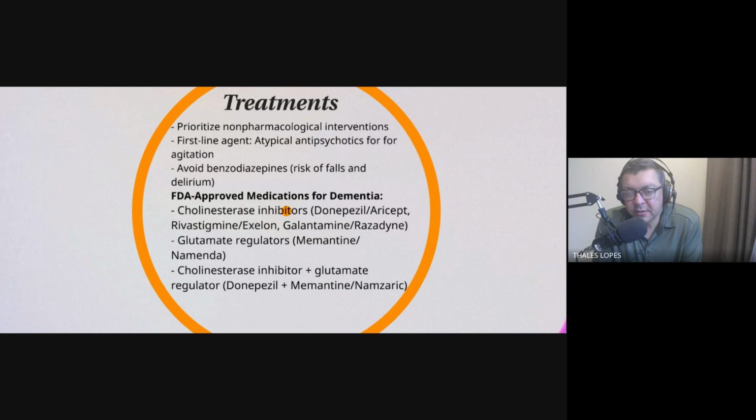Avoid benzos. Do you give a dementia patient benzos? No. Okay. High risk for falls and delirium, they can cause delirium. So even with those who have delirium, we don't want to give benzos.